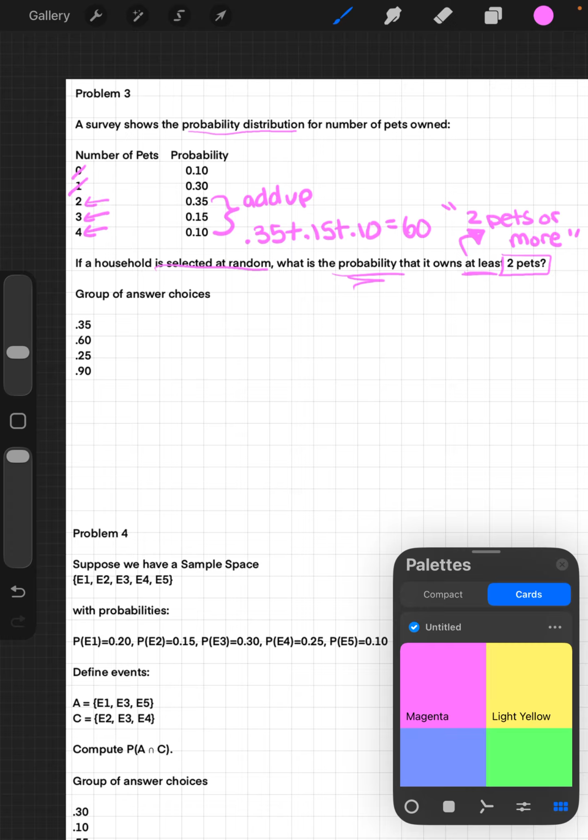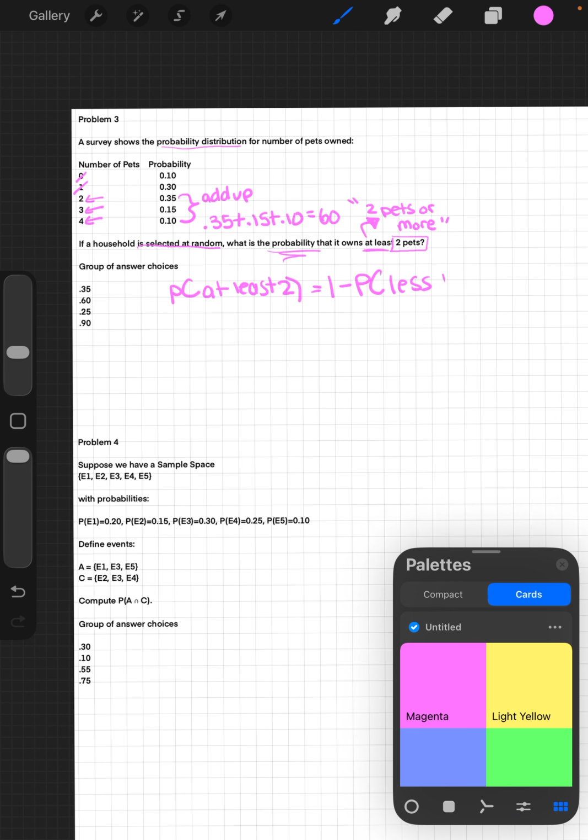And I think it would help if I write it like this too for you guys. So P of at least 2 is equal to 1 minus the probability of less than 2.